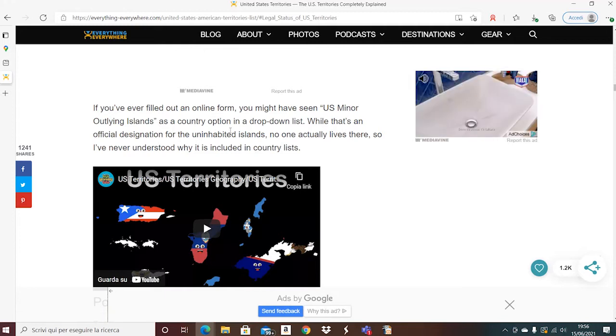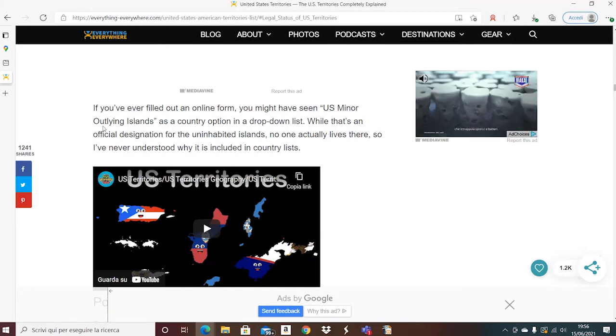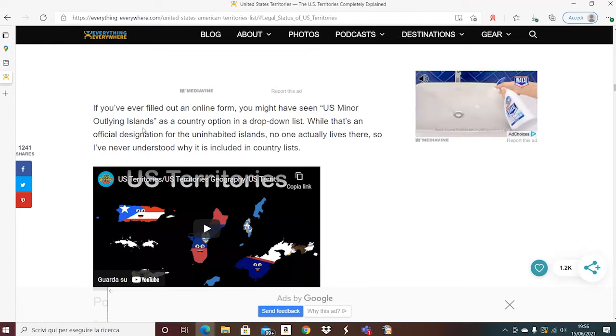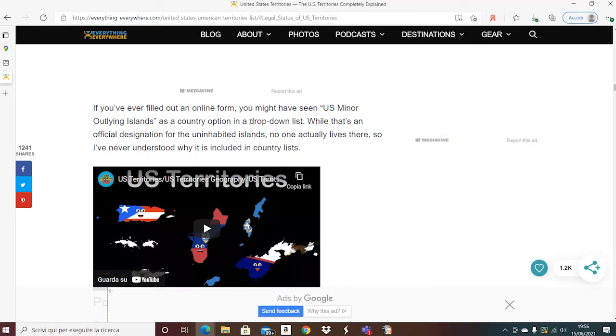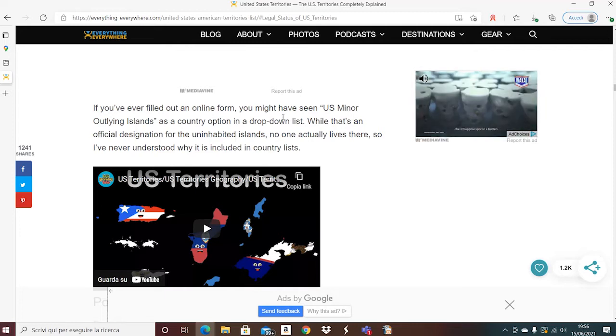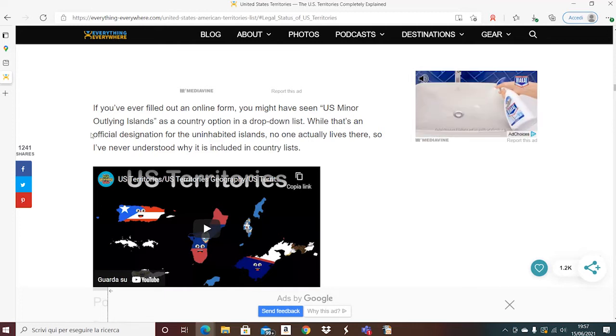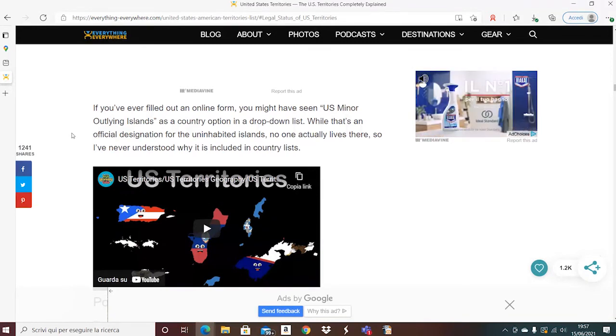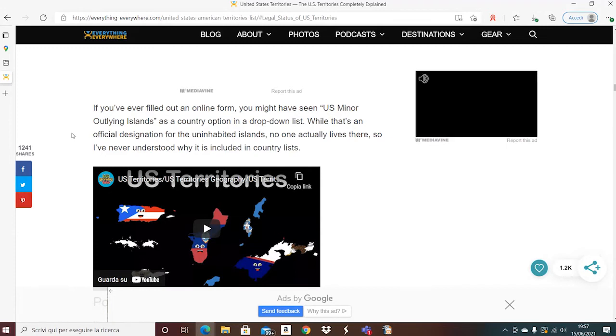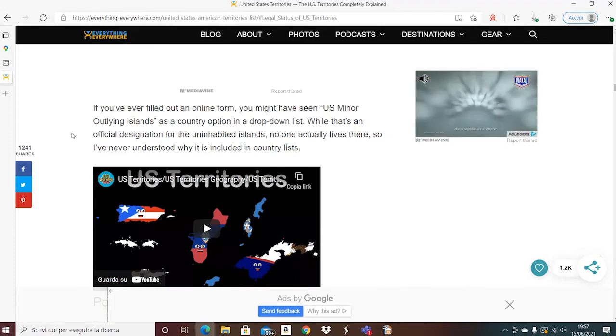Yeah, that's an interesting point. Nobody lives there, but even though nobody lives there, there's this option in the drop-down list. I didn't understand what you were saying. I'm going to translate.